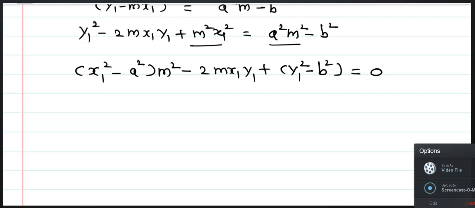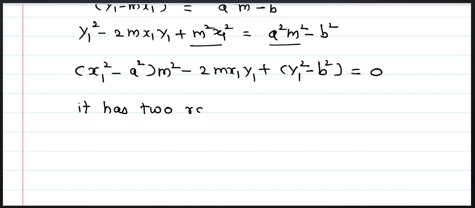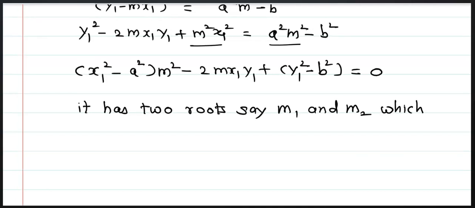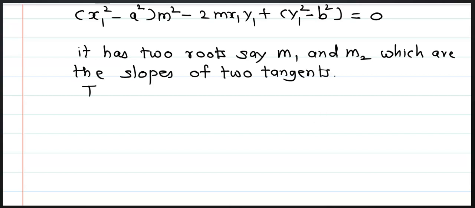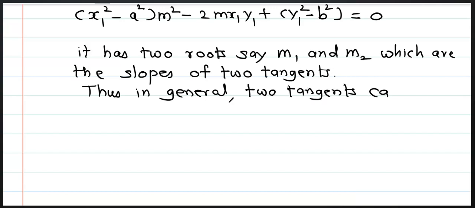Now from this equation we will find the sum of the roots and the product of the roots. It has two roots, say m1 and m2, which are the slopes of the two tangents. Thus, in general, two tangents can be drawn.